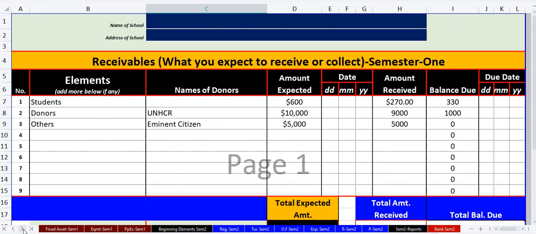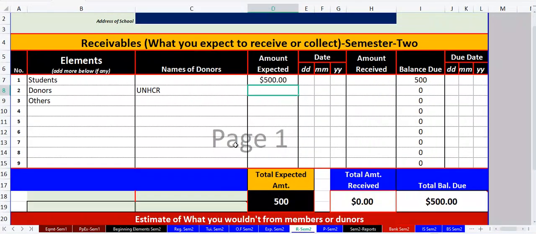So our receivables here, we say UNHCR is 1,000, the amount we expect to come. Let's say they came by and paid 700, and that's the balance that remains.